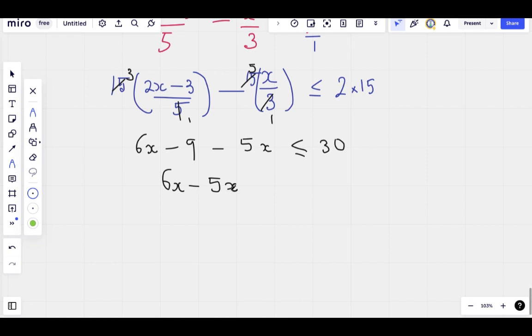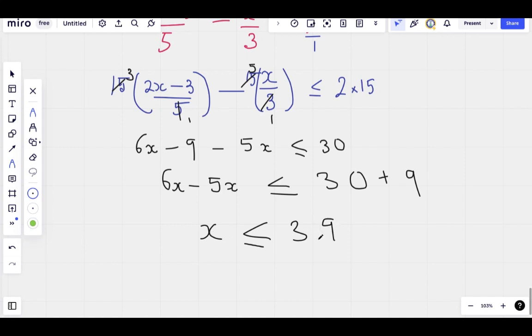So we just say 6x minus 5x is less than or equal to 30. When this 9 goes to the right, it becomes plus 9, because the sign changes. So 6x minus 5x, we get x. 1x is the same as x. It's less than or equal to 30 plus 9, which becomes 39.